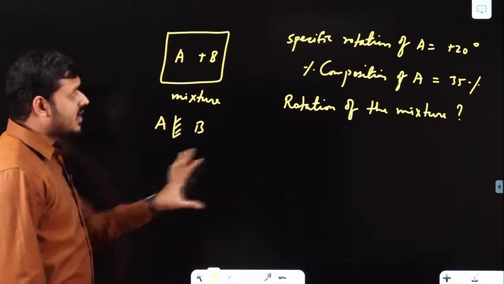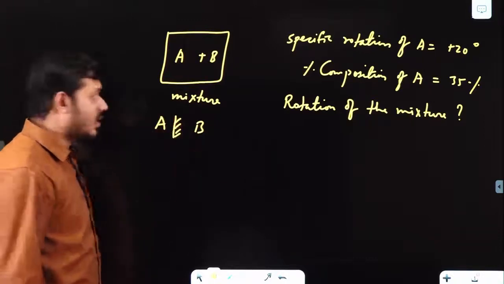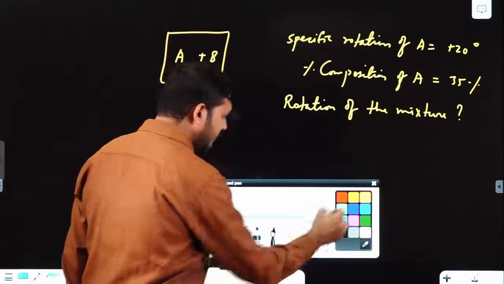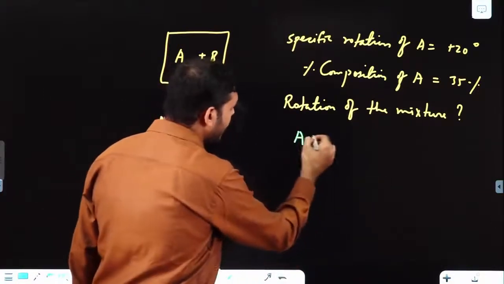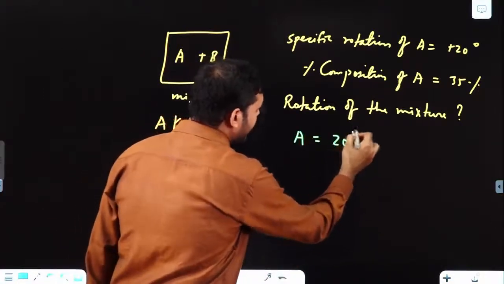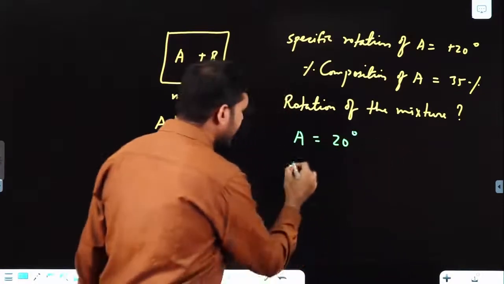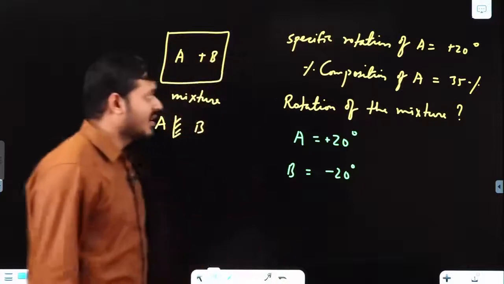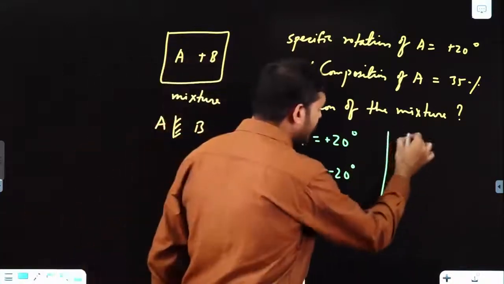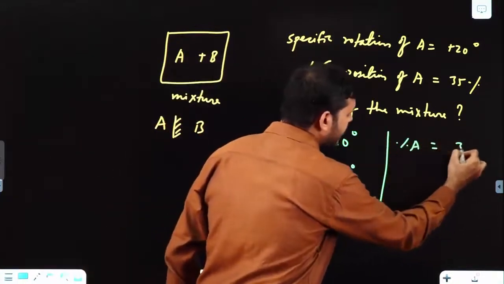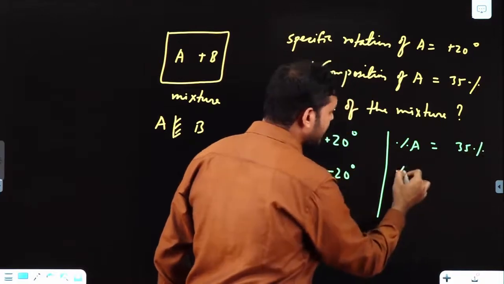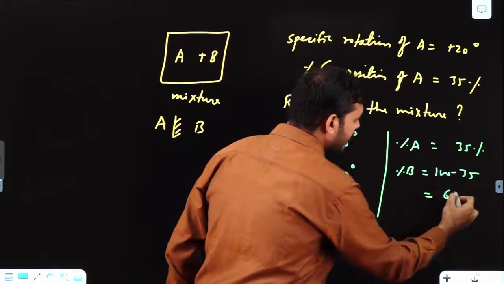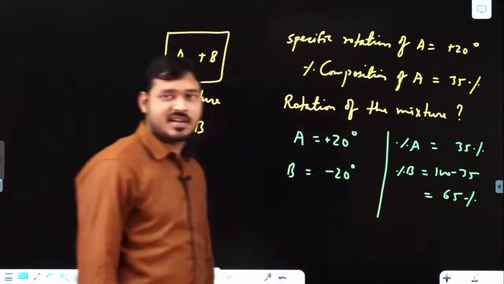Now let's understand using all the concepts studied till now. Specific rotation due to A is 20 degree. So due to B, we can say rotation will be minus 20 degree. Percentage A is 35%, so percentage B will be 100 minus 35 equals 65%.